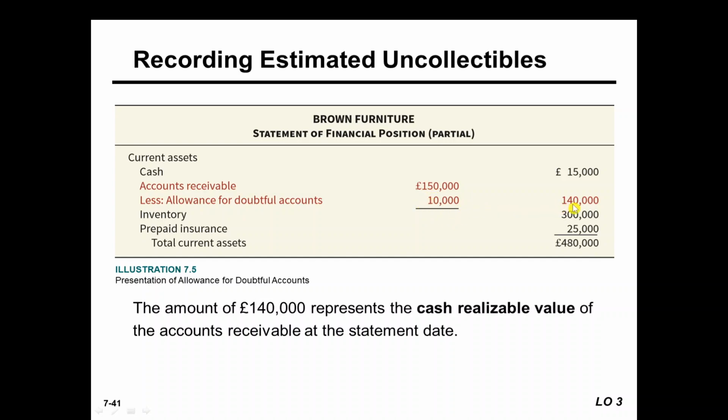So 140 represents the cash realizable value. Cash realizable value is the value that the company expects to realize in the form of cash as of the date of the statement of financial position.